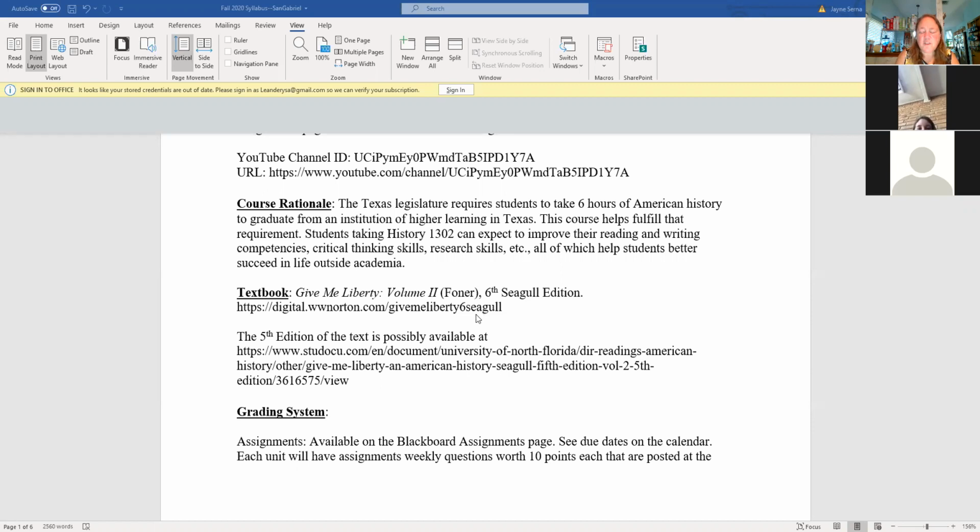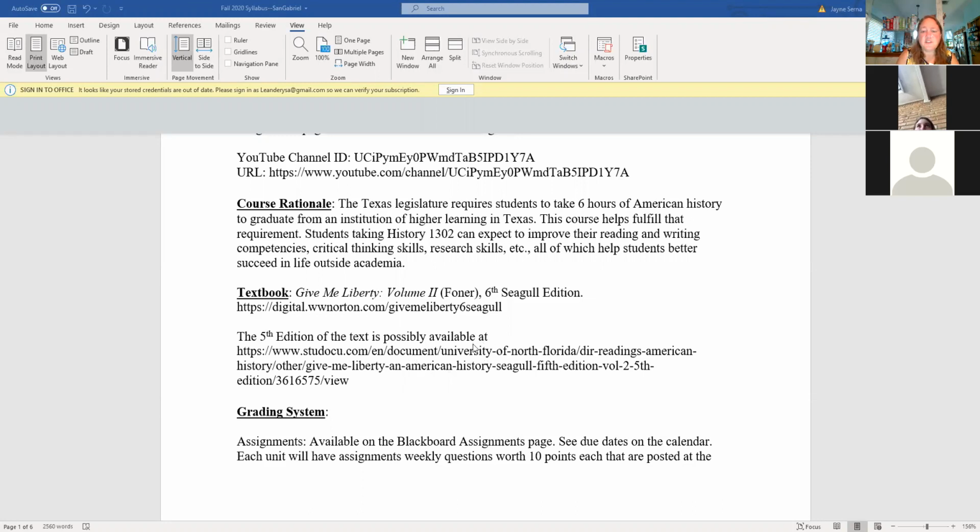You can buy it through the ACC bookstore. And the link here is for an online version of the textbook, which is free because somebody, I think, sort of illegally posted it. It wasn't me. This is the 5th edition, which I think will be really similar until you get to the last chapter.